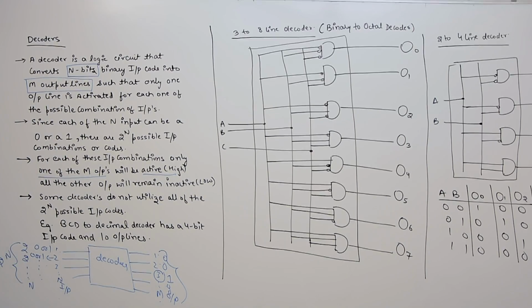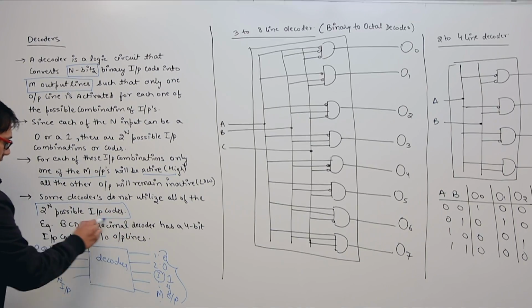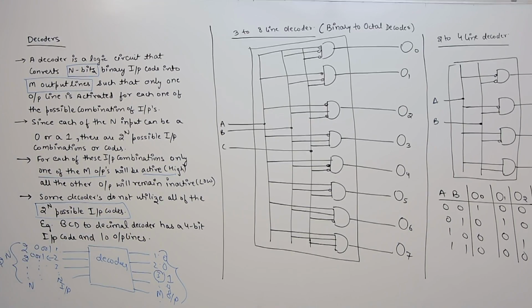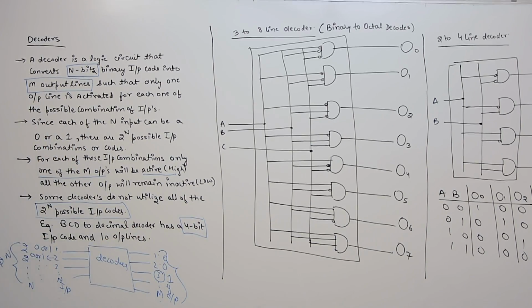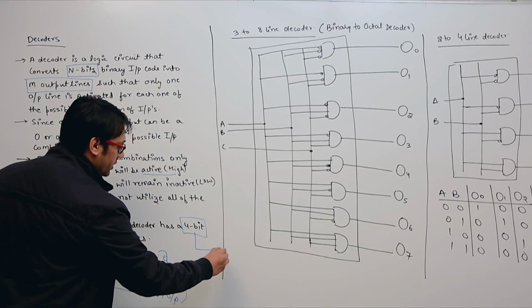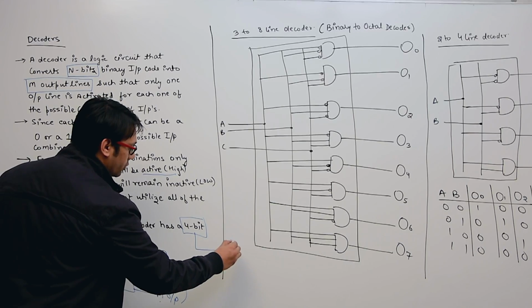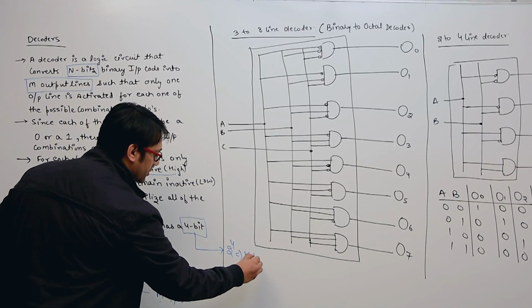Now some of the decoders do not utilize all the 2 raised to power n input combinations. For example, in case of a BCD to decimal decoder there are 4 bits of input code, because you know that BCD code represents every number by 4 bits. With the help of these 4 bits we can represent 2 raised to power 4, that is equal to 16 combinations.